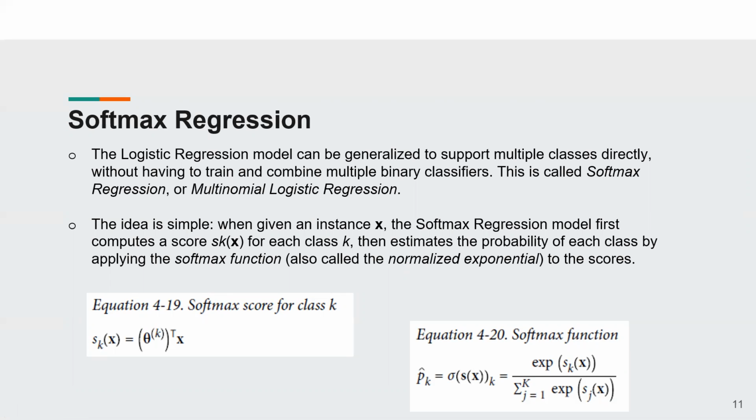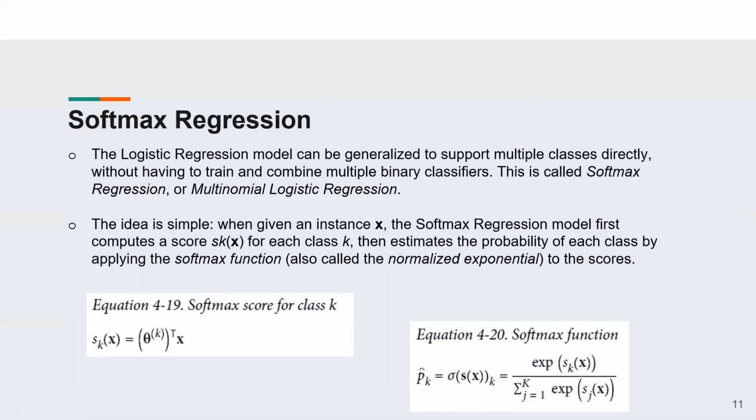So once you calculate those 3 scores for each instance, it would have s1(x), s2(x), and s3(x), and then you try to calculate the probability based on each of them to come back with p1 probability, p2 probability, and p3 probability.